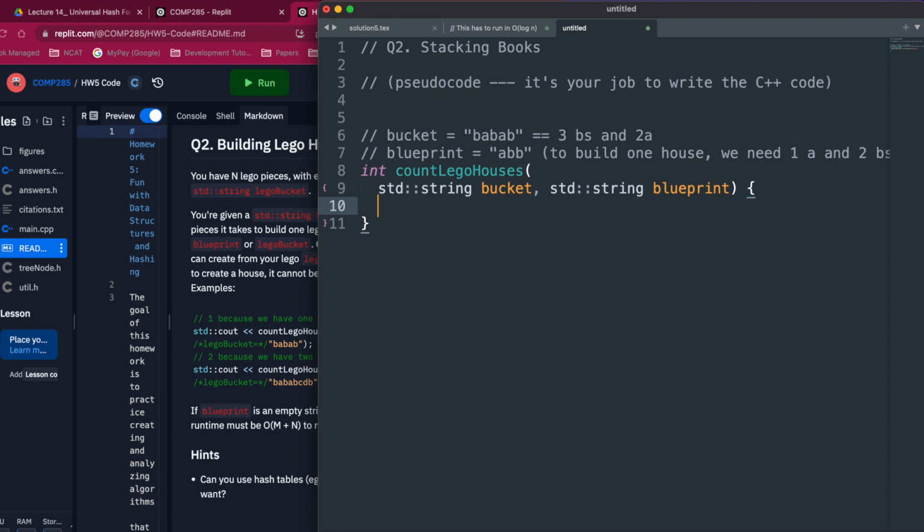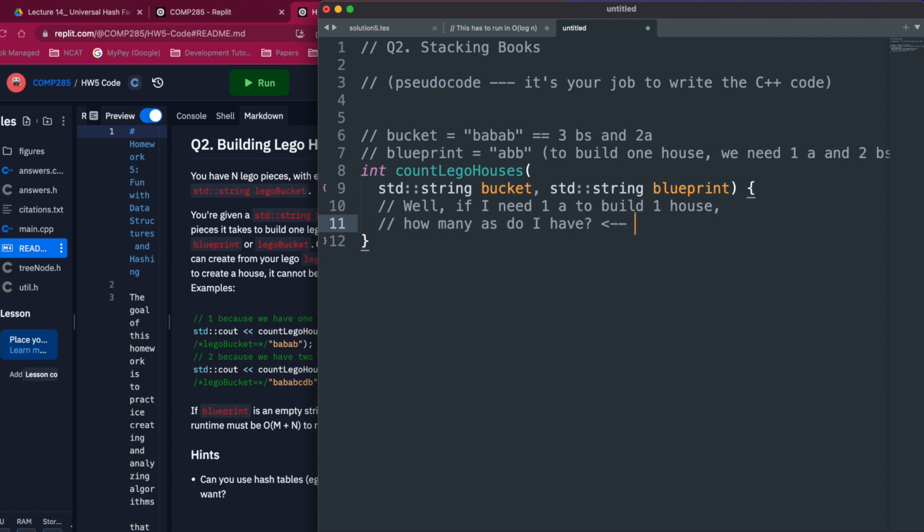So intuitively, you could imagine that the pseudocode is something like, well, if I need 1 A to build one house, you might want to know how many A's I have?